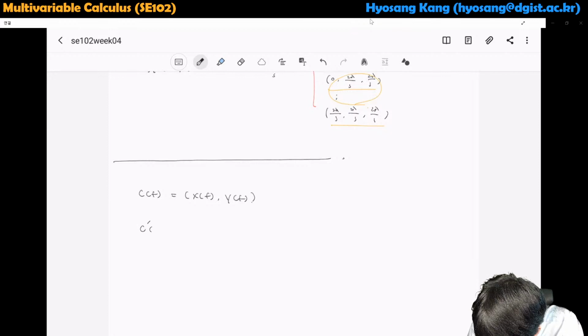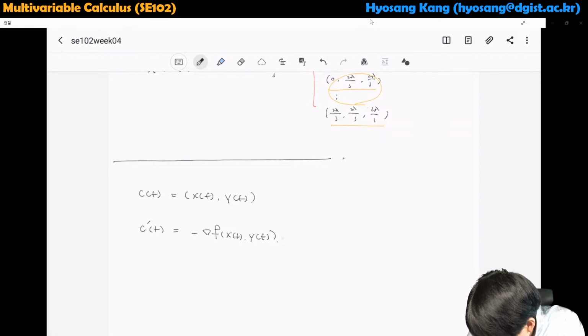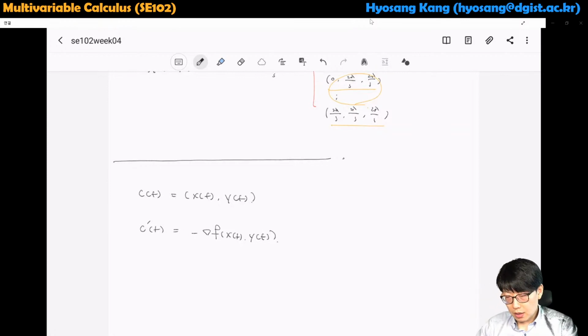I want c prime t equal to minus the gradient of f at x(t) and y(t). Okay. I want my trajectory to always move in the direction of the negative gradient of f.